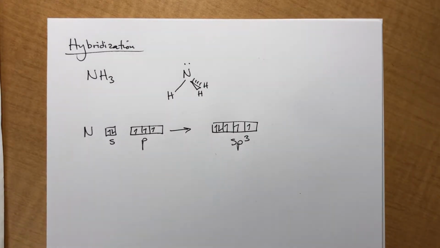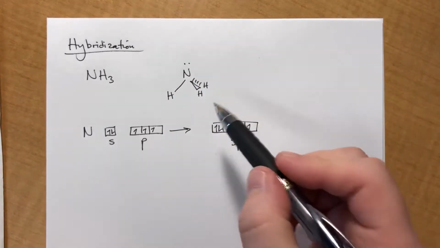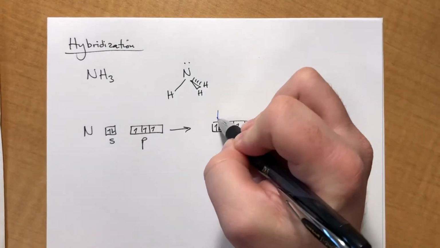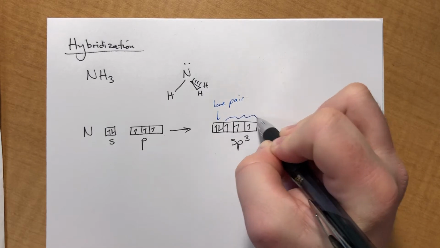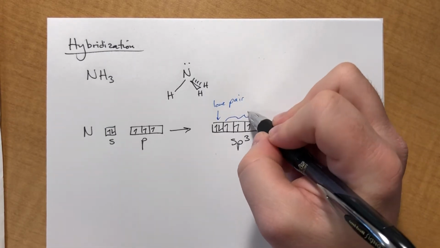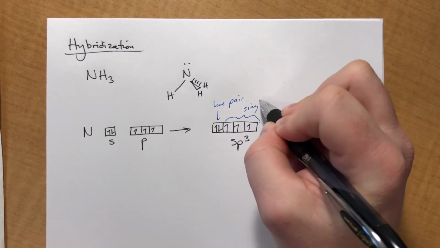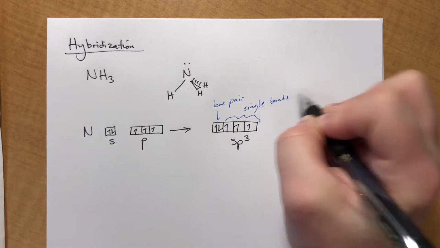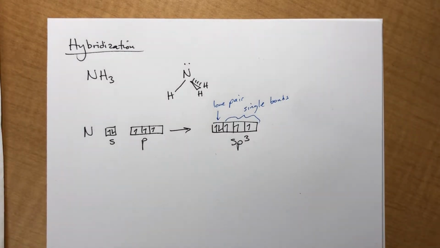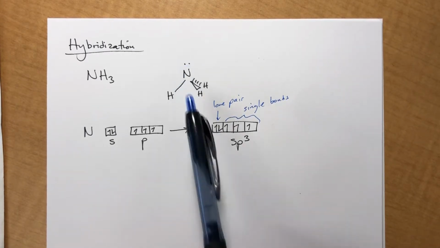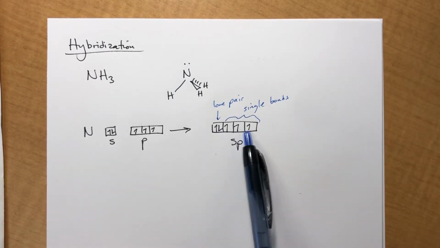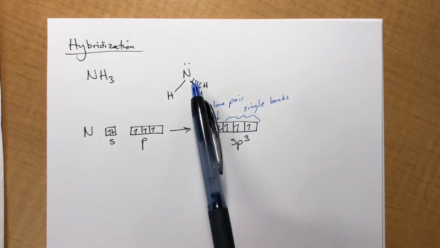But now, the way this works is it should sync up to the Lewis structure. This is the lone pair. And these 3 are the single bonds. Right? So that makes sense. We have a paired up one. That's that pair right there. Okay. These 3 are the single bonds because unpaired ones are needed to make bonds.